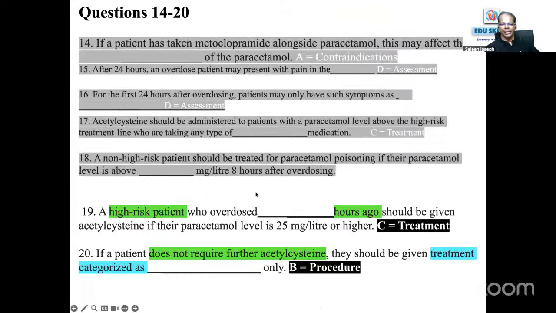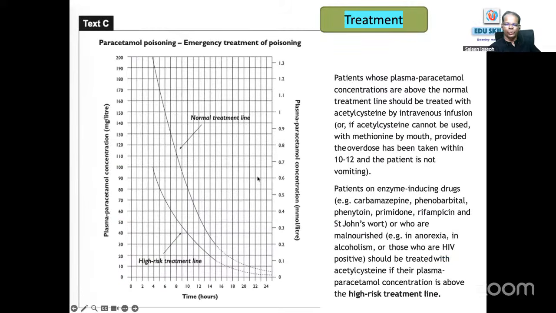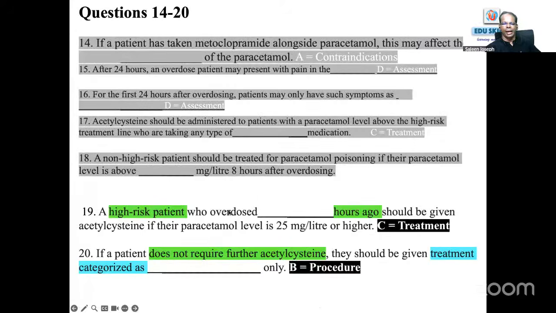Yes. Sorry. 19th one, again a high-risk patient who overdosed dash hours ago. They're asking for an hour number, a duration. Should be given acetylcysteine if their paracetamol level is 25 mg per liter or higher.